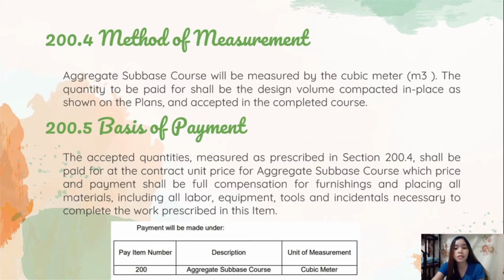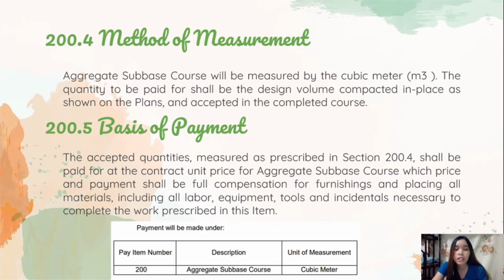Next is the method of measurement. Aggregate subbase course will be measured by cubic meter, and the quantity to be paid for shall be the designed volume compacted in place as shown in the plans and accepted in the completed course.